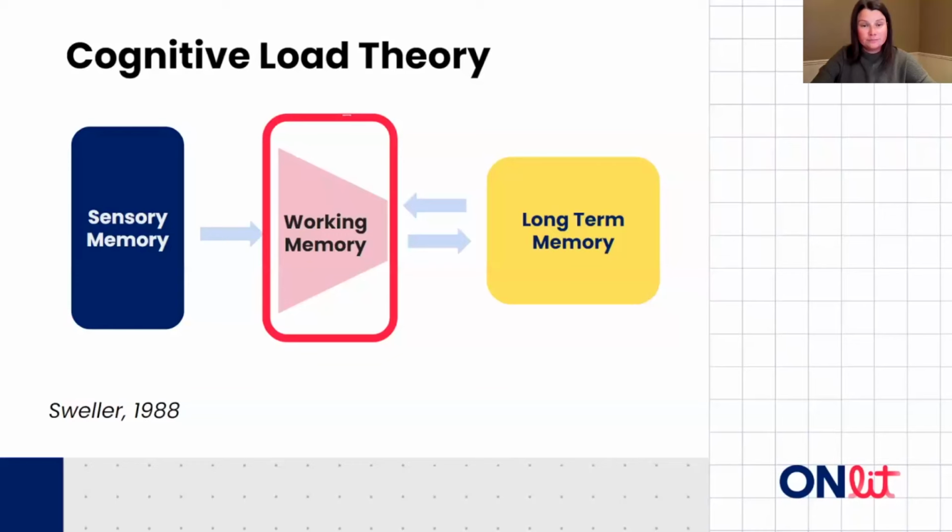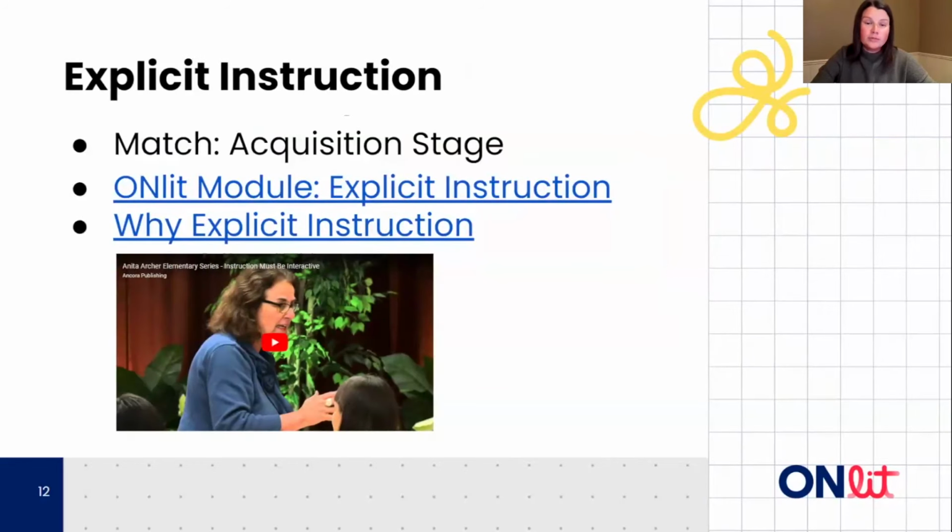To prevent cognitive overload, it is important that we match our instruction to the instructional stage of the student. When a student is in the acquisition stage with a skill, explicit instruction is a must. When it comes to teaching children to read, the manner in which these components are delivered is important.